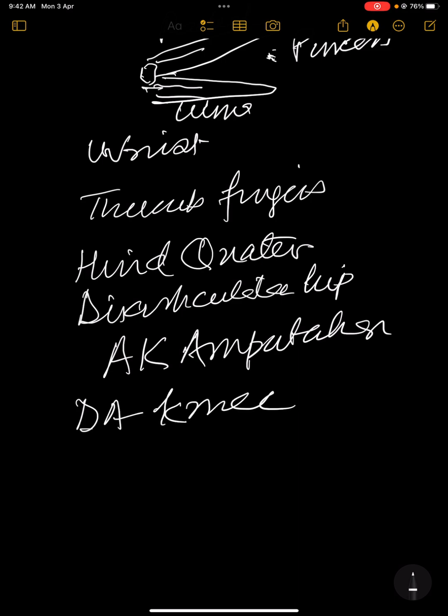You remember that AK is better than disarticulation through the knee because AK amputation allows you to place a knee joint. Then there is a below knee amputation.